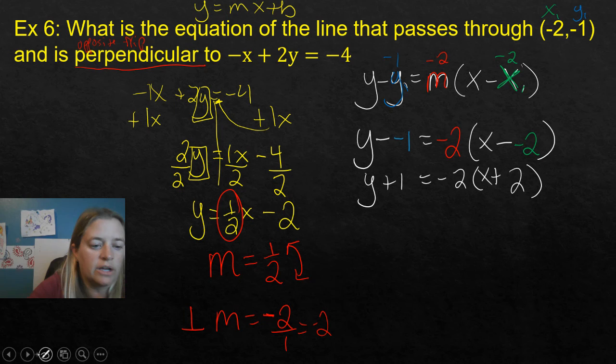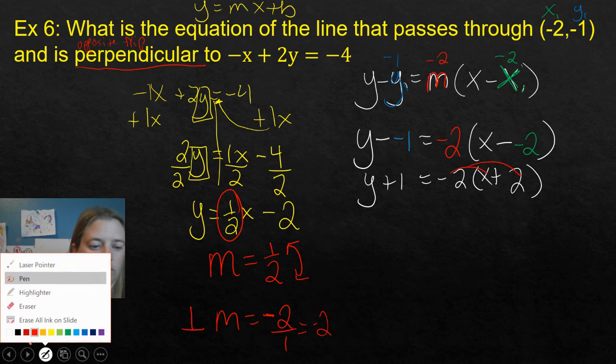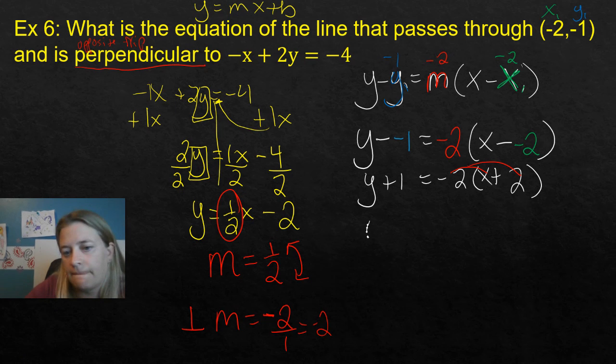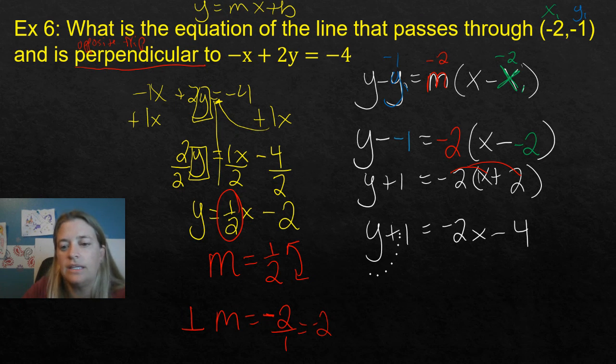And now we're going to go ahead and do what we did before. Distribute that -2. Remember, distribute means to just multiply that. -2x. And -2 times a +2 is going to be -4. So we're multiplying. There's a 1 in front of there, so -2 times 1, -2. -2 times 2, -4. And now we need this y all by itself.